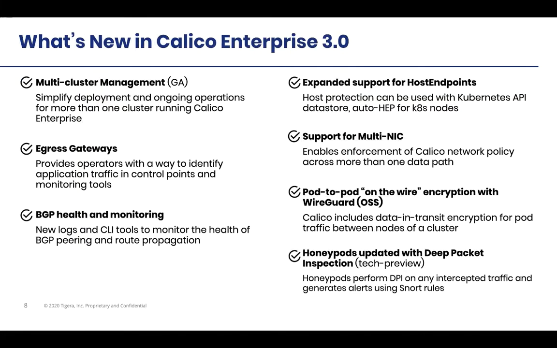Okay, so now let's get into Calico Enterprise 3.0, I'm sorry. If you're familiar with Calico Enterprise, our last release was 2.8, so we did jump up to 3.0, and that's really to signify the significance of multi-cluster management.